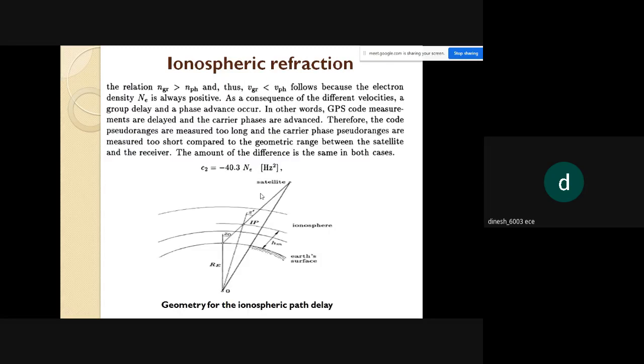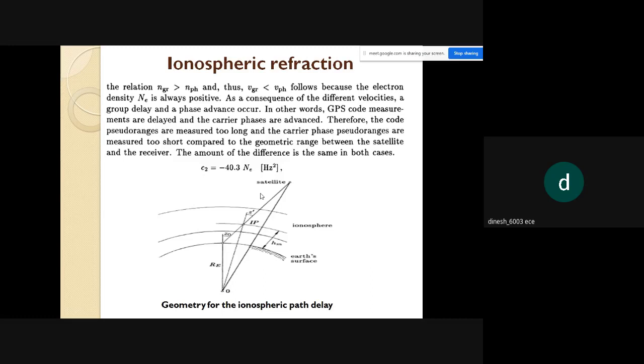Due to the relation of n_gr greater than n_ph, the group velocity will always be less than the phase velocity, because this follows a relation of positive electron density, whichever is present in this, is considered to be positive.